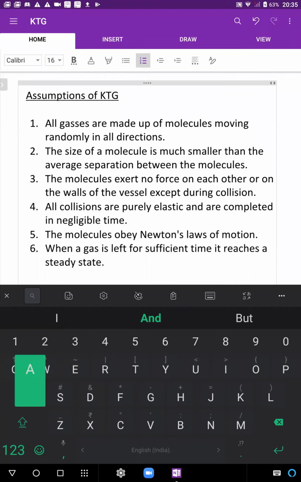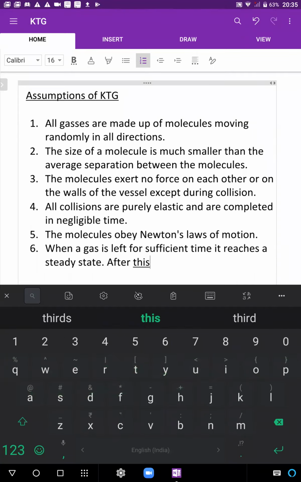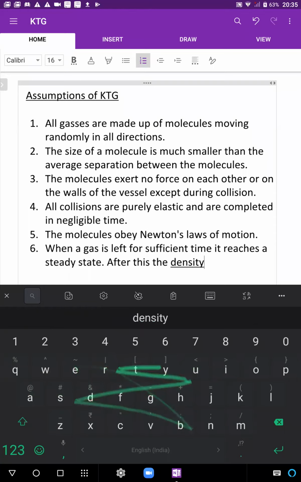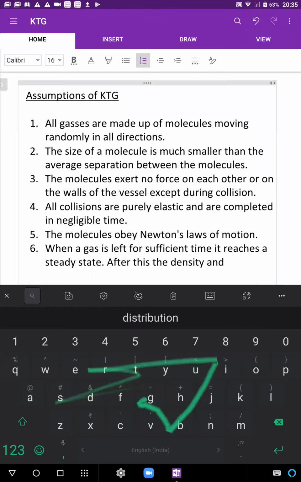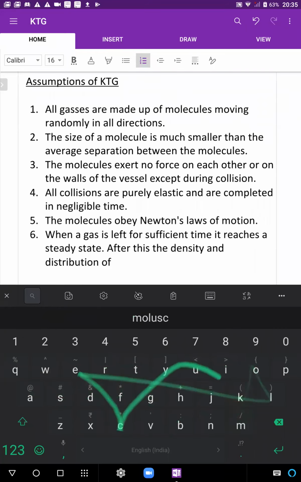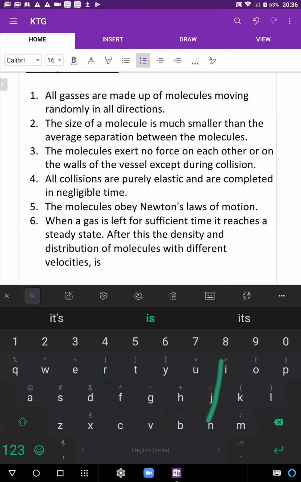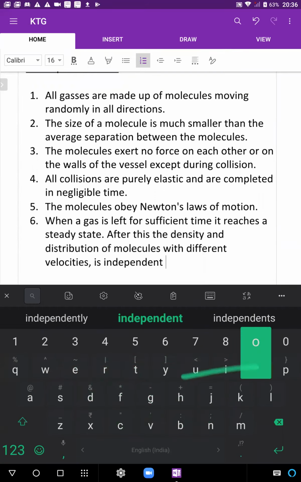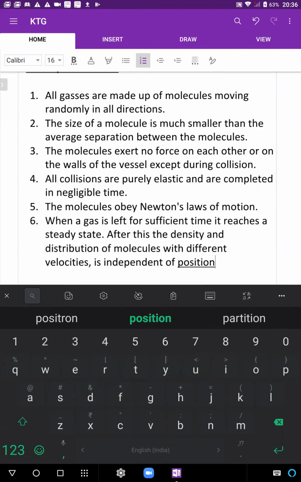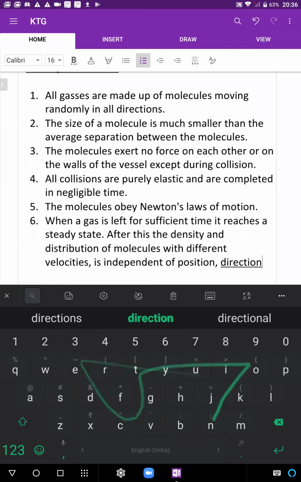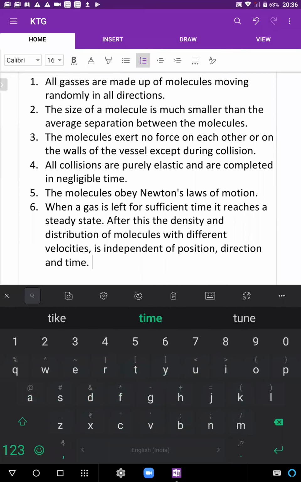And after this, the density and distribution of molecules with different velocities is independent of position, direction, and time. What does that last statement mean?